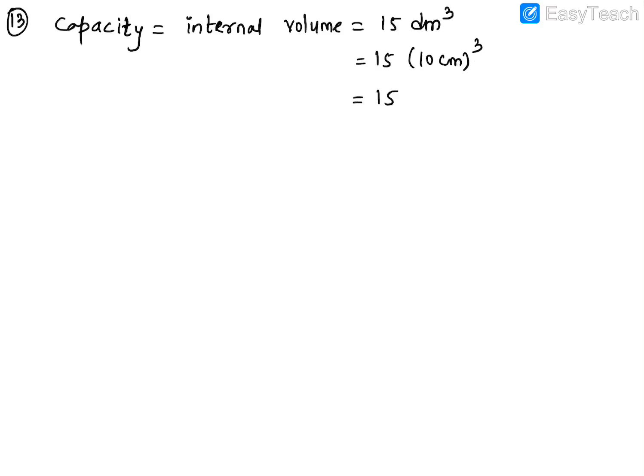Then 15 into, what is 10 centimeter cube? 1000 cm cube. So that is 15,000 centimeter cube. But this conversion is important. Then from exterior you will find the interior length, breadth, height, and then solve it. It's a little difficult calculation, but you'll try on your own. You can do it.